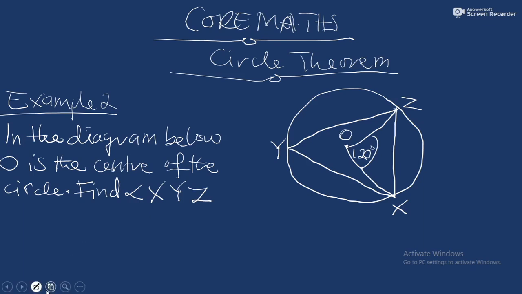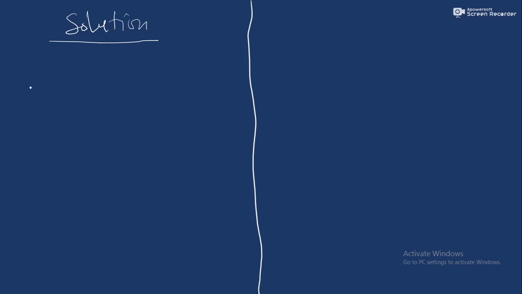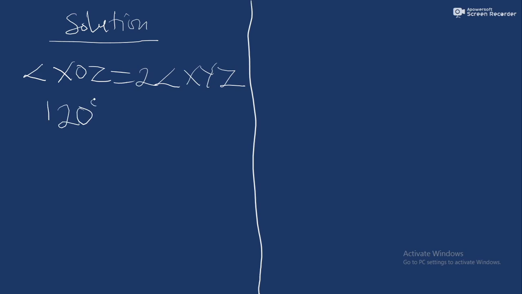Good. So let's look at the solution again. Angle XOZ should be equal to 2 times angle XYZ. So substituting, angle XOZ was given as 120 degrees, and this will be equal to 2 angle XYZ.